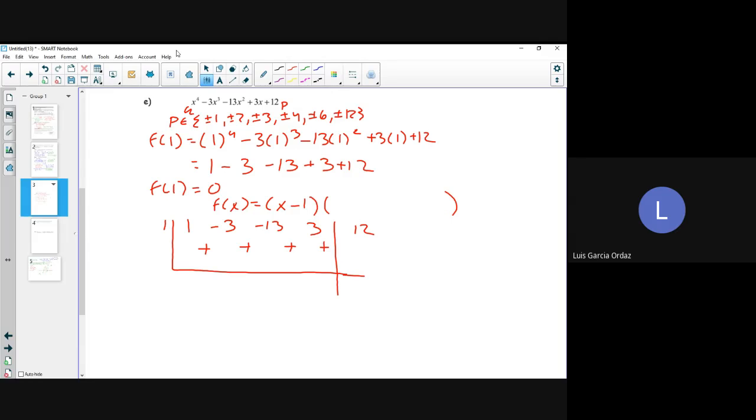This is what you call a multi-step question. So, like usual, we bring the first number down. So we got 1. 1 times 1 gives us 1. Negative 3 plus 1 gives us negative 2. And you keep doing the same thing, add and multiply.